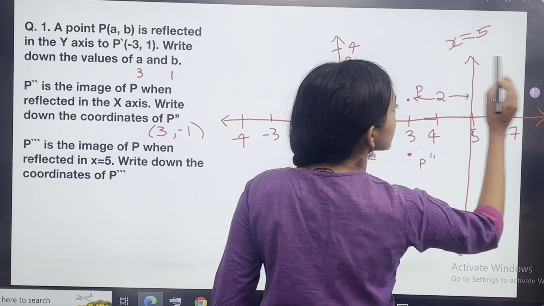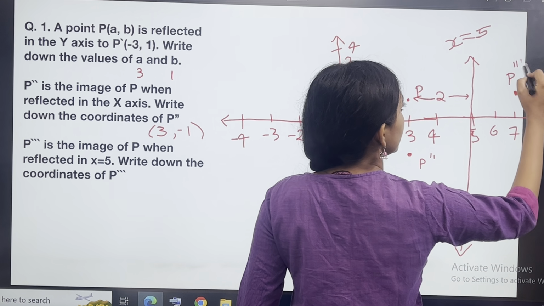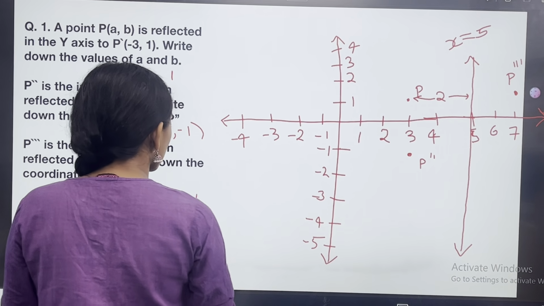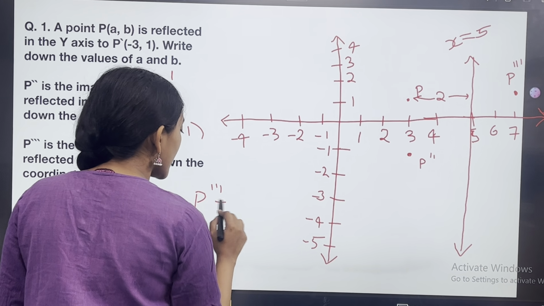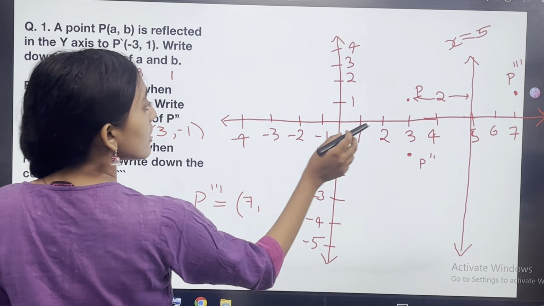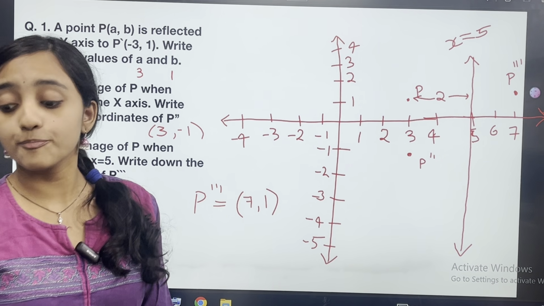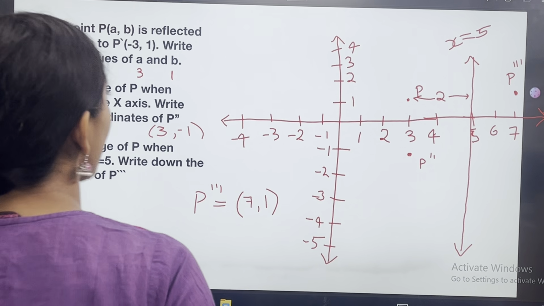So we move this just to this side, that is here. Am I right? Yes. So P triple dash will be nothing but 7 comma 1. Okay, so the coordinates of P triple dash will be 7, 1.